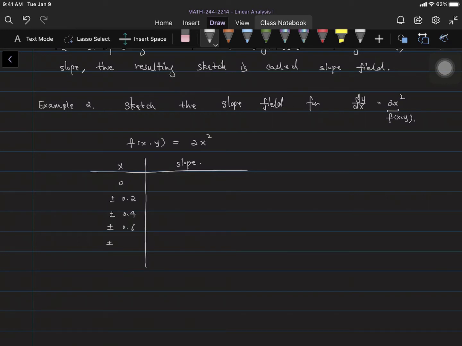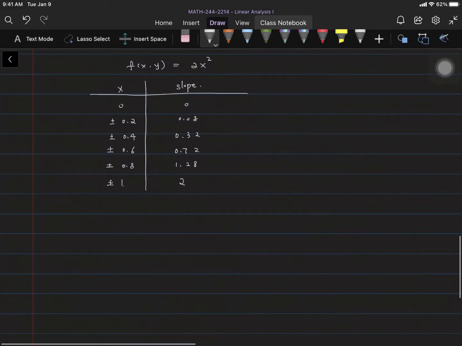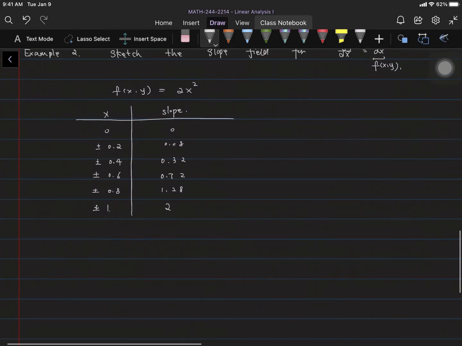You can choose 1, 2, whatever you like, doesn't matter. And the slope based on those: for x equals 0 the slope is 0, and for x equals 0.2, 0.08, and 0.32, 0.72, 1.28, and when x is 2, the slope is 2. And now let's draw the slope field.